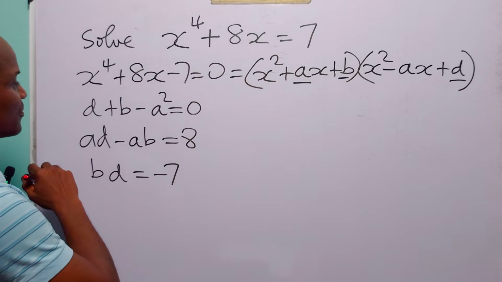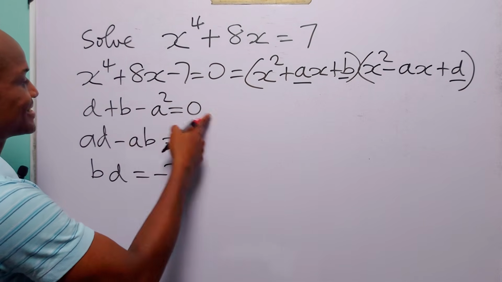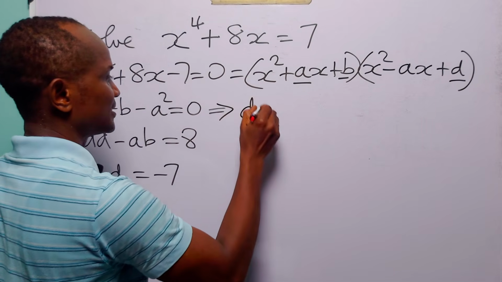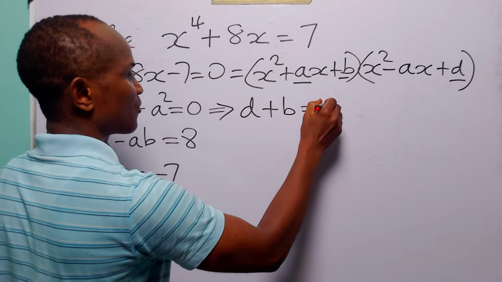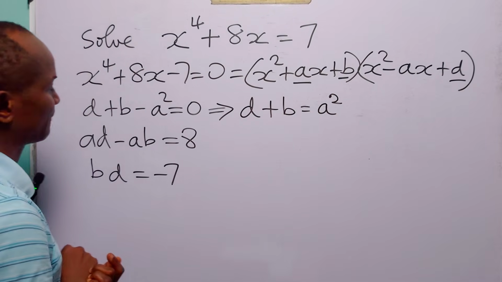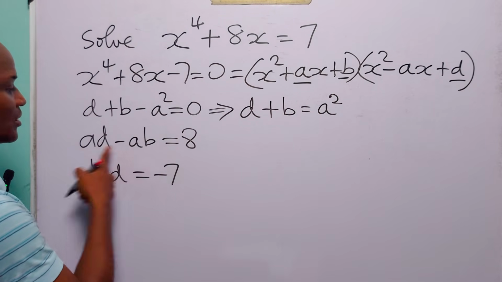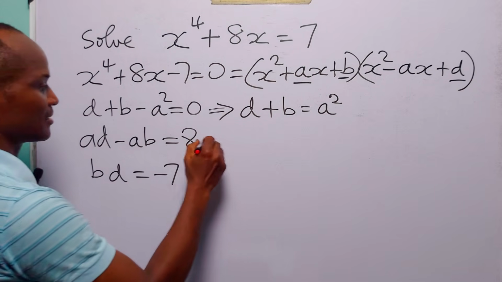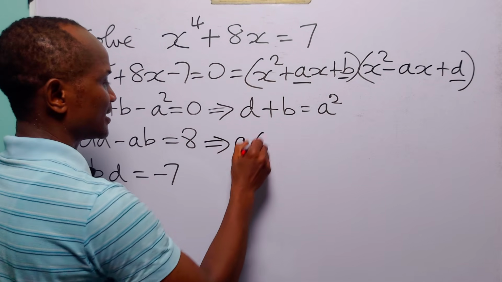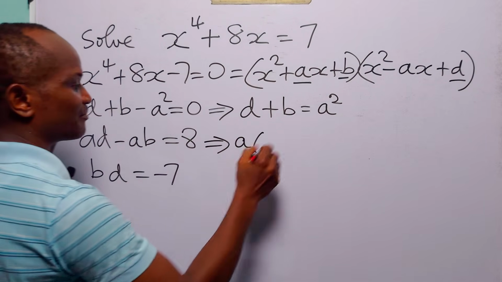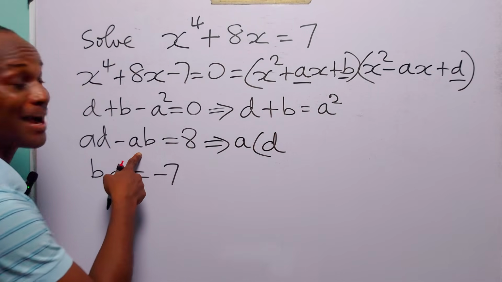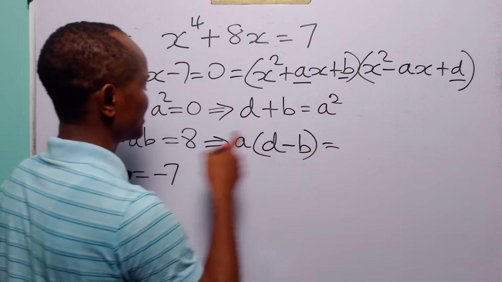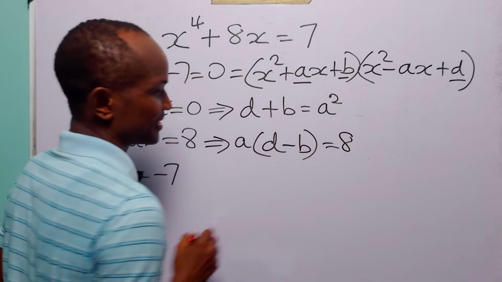Now, from this first equation, when we add a squared to both sides of this equation, we have that d plus b is equal to a squared. When you look at this second equation, notice that these two terms have a common factor, which is a. So here we have a into ad divided by a is d, and minus ab divided by a is minus b, and this is equal to 8.